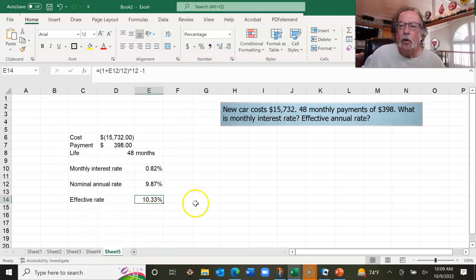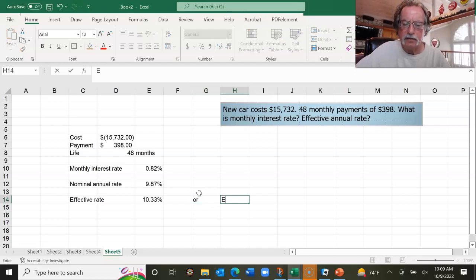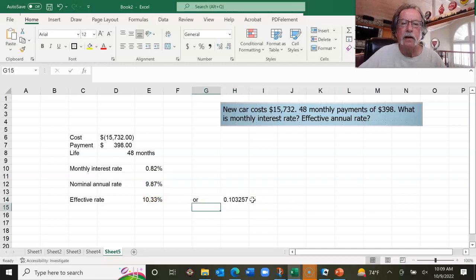Okay, or you can use the effect function. You put in the nominal rate, 9.87%, and the number of periods per year, 12. 10.33%.